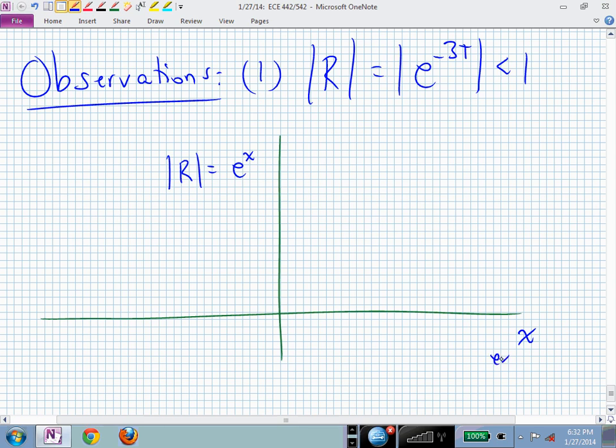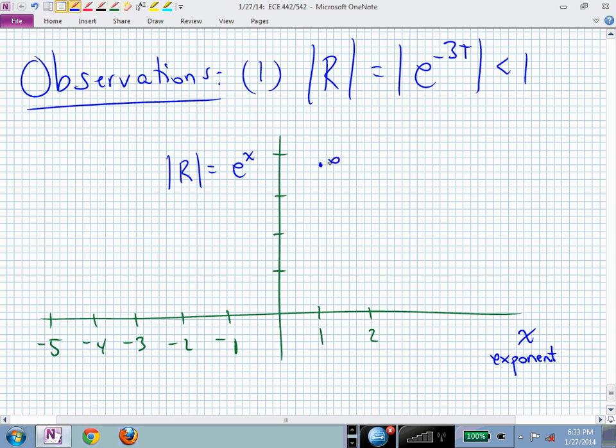So this is the exponent. What's e to the 1? Do you remember what e is? 2.7 roughly, right? So e to the 1 is 2.7, a little under 3. So I can draw that here.